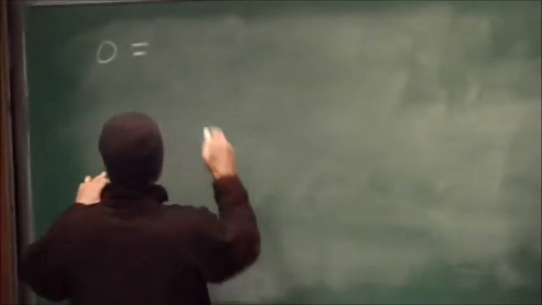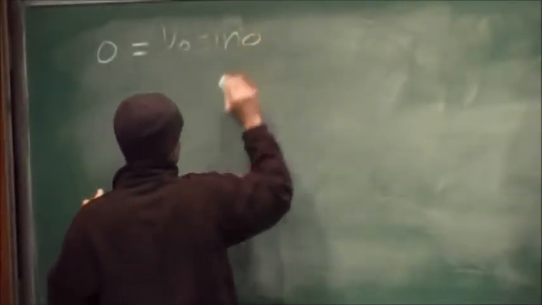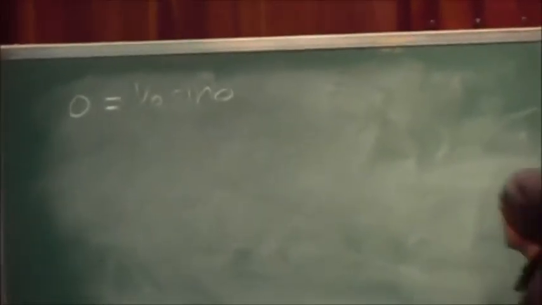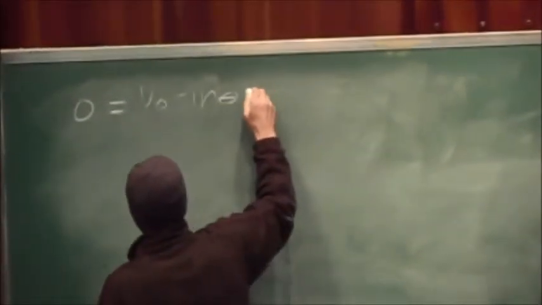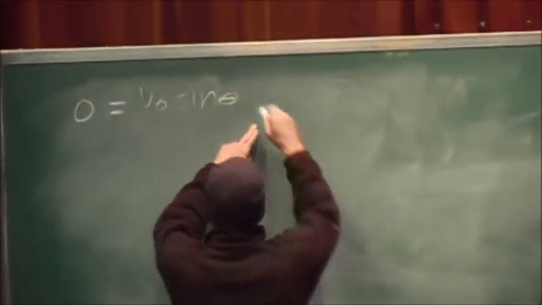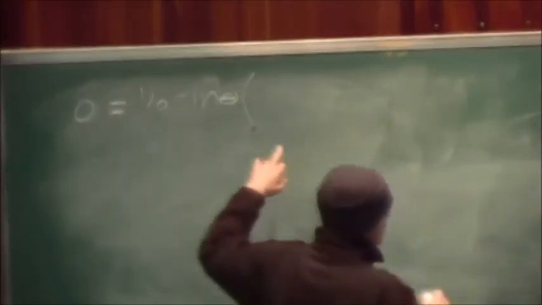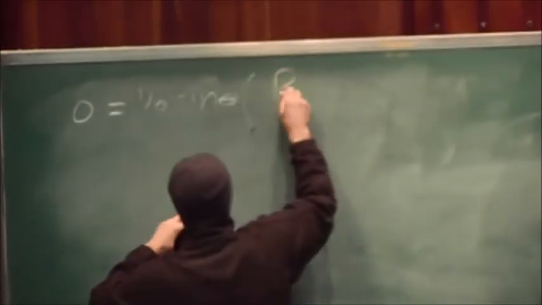So I have 0 is equal to v0 sine theta, and then I'm going to put in the t here, which is what we just wrote down, r over v0 cosine theta.